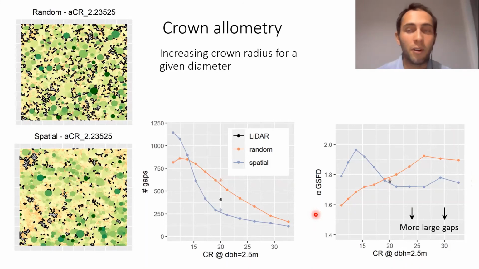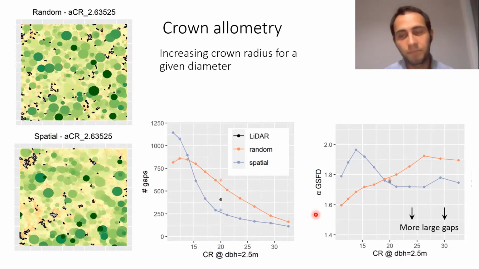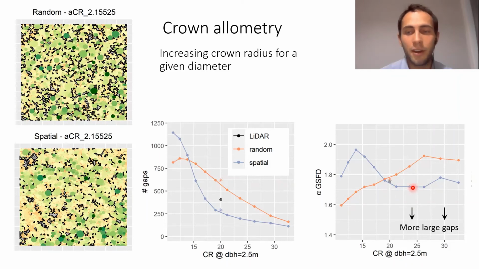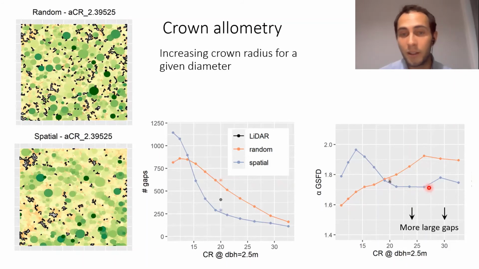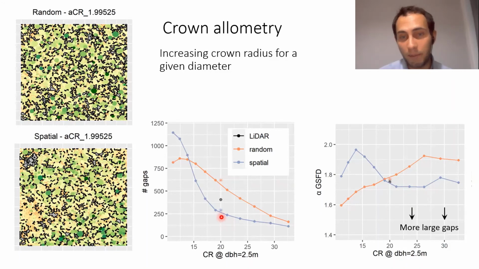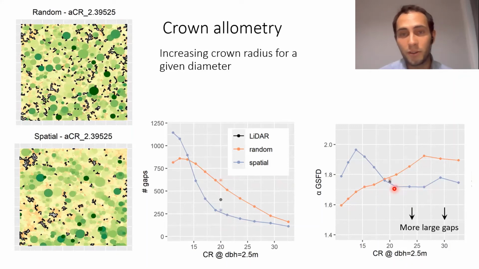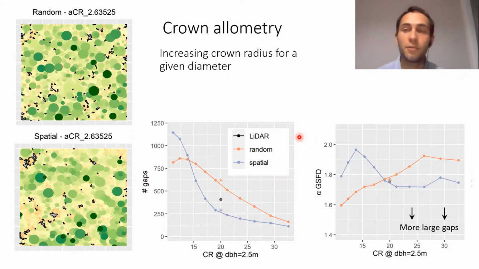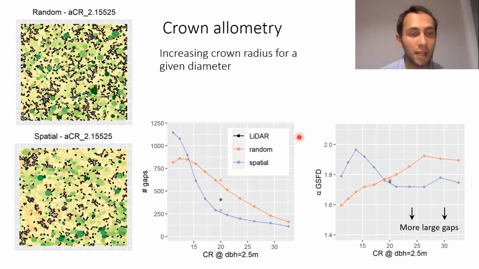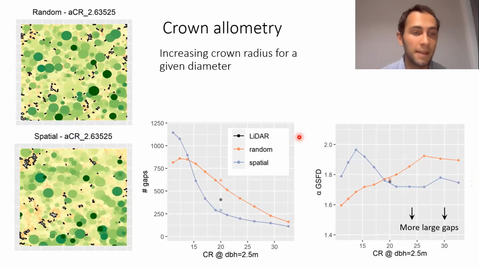But the spatial one, which was our best model, shows a much more complicated pattern. So when you increase the crown radius above the baseline, not much happens to alpha, essentially. The number of gaps decreases slightly, but the size of them doesn't change very much. And this is because in the spatial one, in the baseline, the trees are spatially aggregated. So you have clumps of tall trees with large crowns next to each other, filling space accurately.